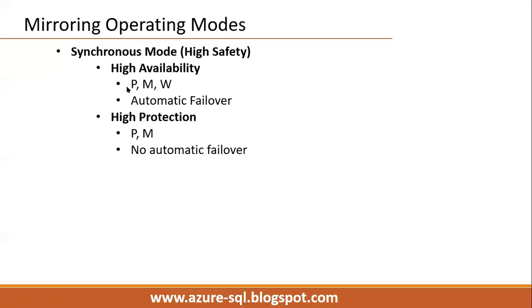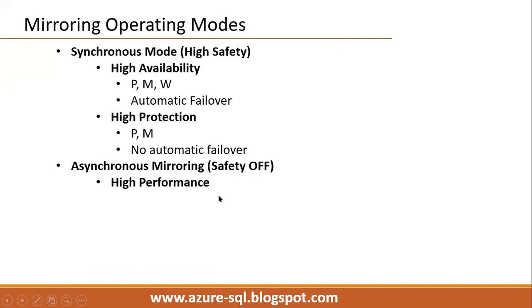So that is principal, mirror, witness. But remember, in case of synchronous mirroring, sometimes a performance issue may be there. That's why we can switch to asynchronous mirroring also. Not high safety, safety off mode, but high performance mode.